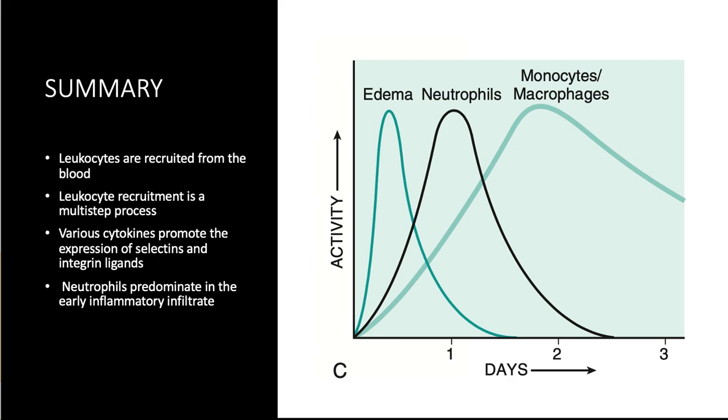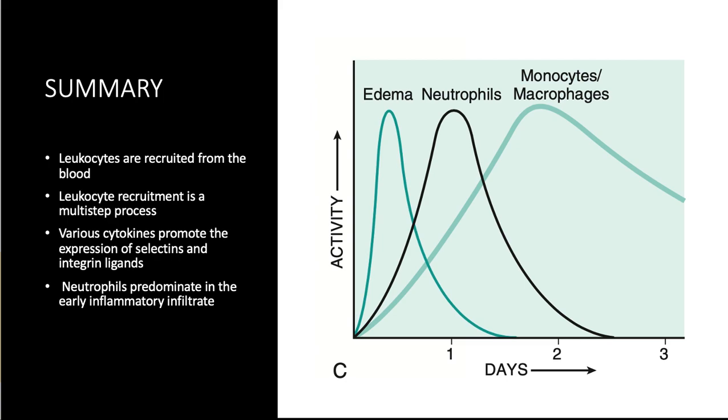interendothelial gaps. Various cytokines promote the expression of selectins and integrin ligands on the endothelium, including TNF and interleukin-1. They also increase the avidity of integrins for their ligands, and chemokines promote directional migration of leukocytes.